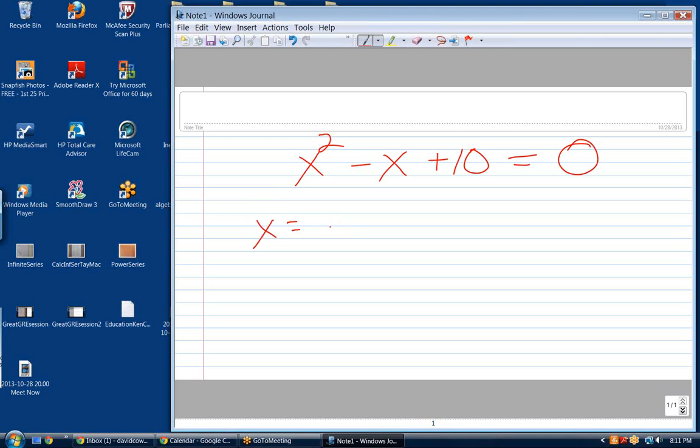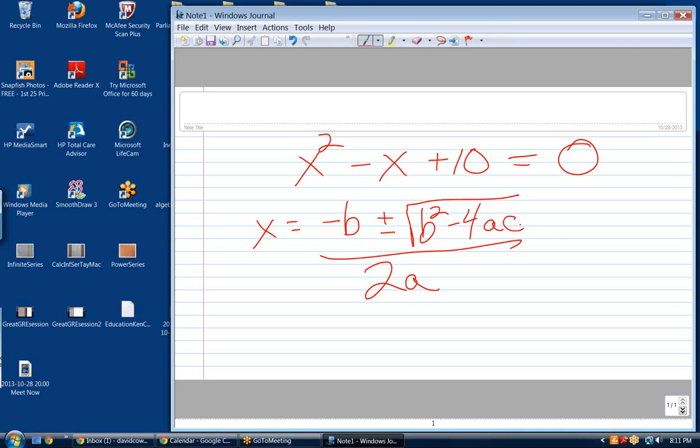Remember what it is? Then x equals negative b over 2a. Negative b over 2a is the vertex of a quadratic, but the solution, that's half of it, there's one more thing here. Plus or minus.